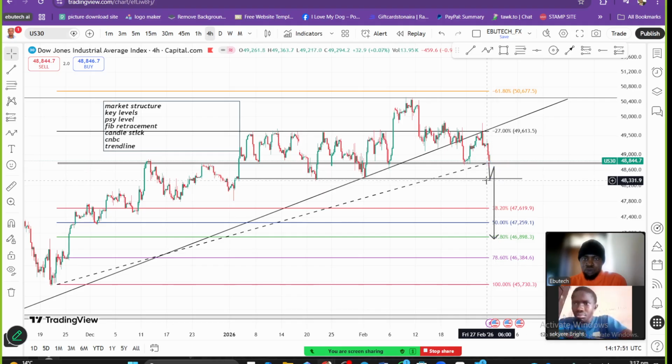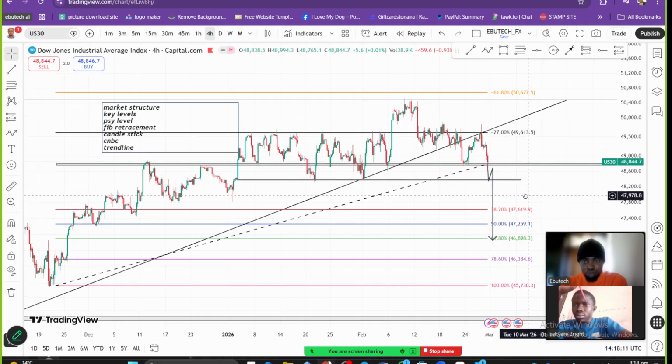So that means we are going to be selling the market next week. If this market does this, we are going to be selling it to the 61% or 50% level. Do you understand? But if the market doesn't do this exactly, this is how you analyze. I'm just showing you.